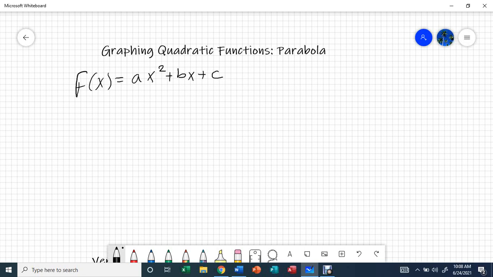So a parabola is the shape of a graph in this form, or the quadratic functions. And the parabola opens up if a is positive. And if a is negative, it will open down.